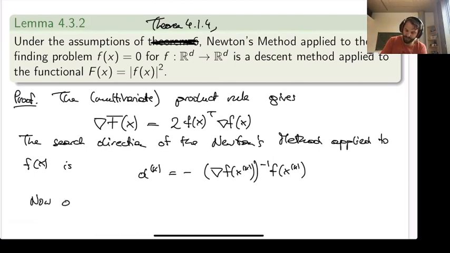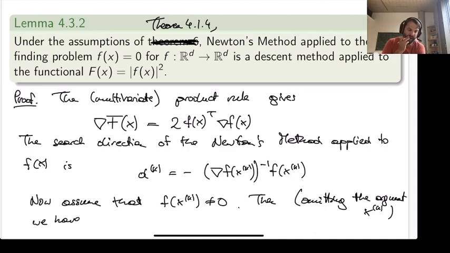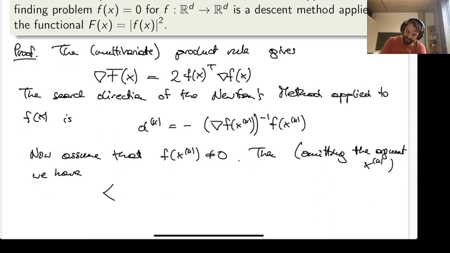Now assume that f of xk is non-zero, then omitting the arguments xk, we have grad f times dk is equal to, well, let's write it in transposes immediately.